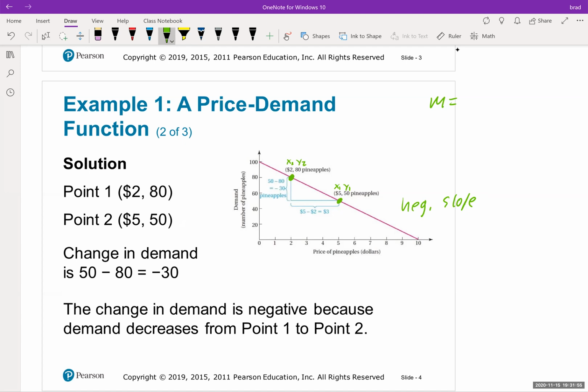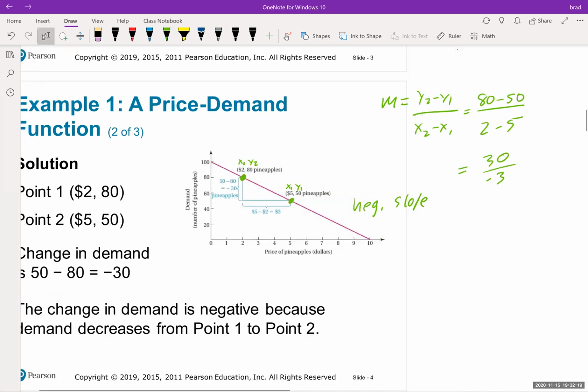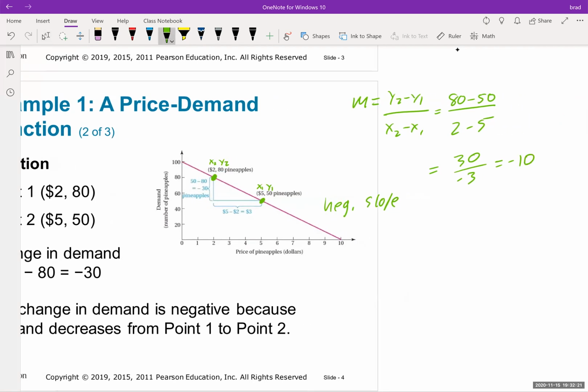It says you do y2 minus y1, so I'm going to do y2 minus y1 all over x2 minus x1. So that means y2 would be 80 minus 50 all over 2 minus 5. So then we get 30 over negative 3, which we would then say is negative 10.